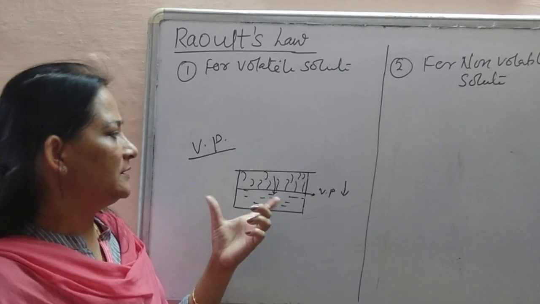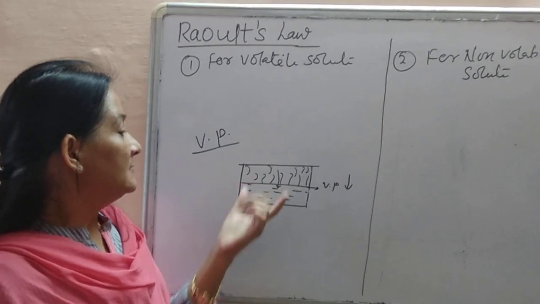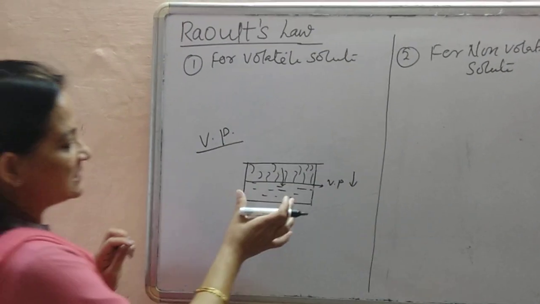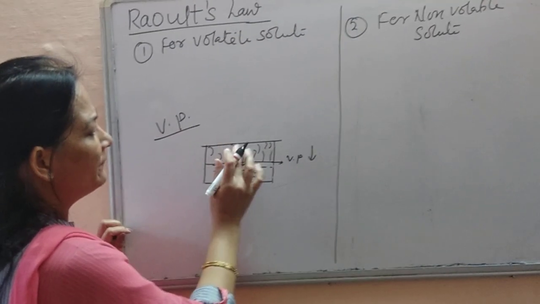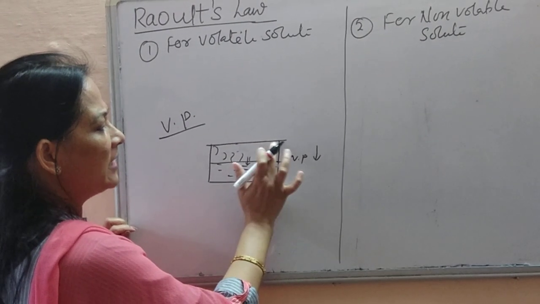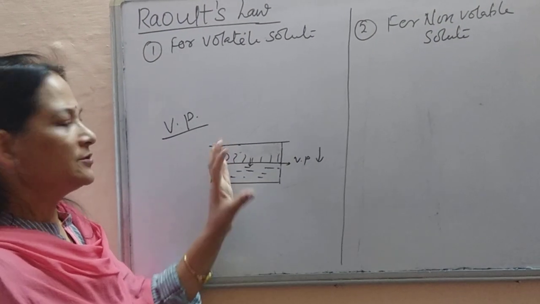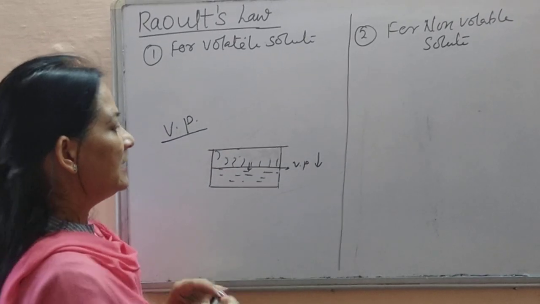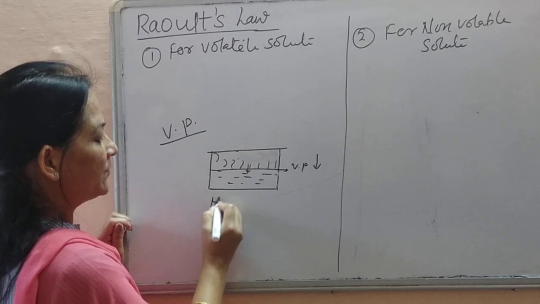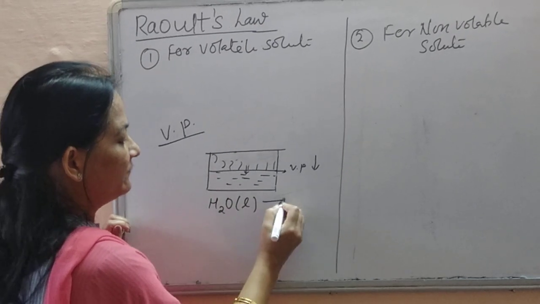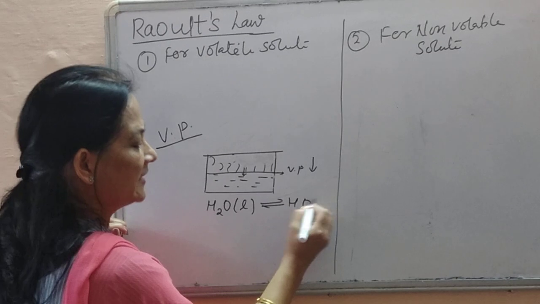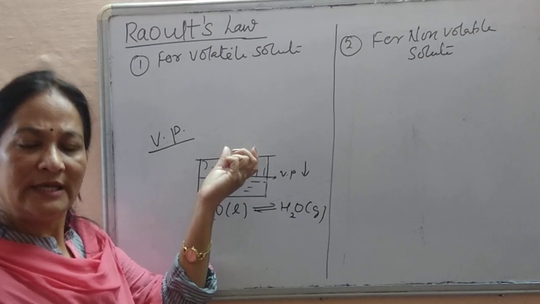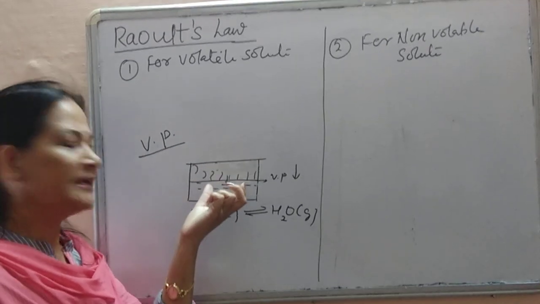Now, a very important thing to keep in mind: when do we measure this vapor pressure? Suppose I have just kept this water here and few vapors are formed, I will not measure the vapor pressure because there are very few vapors. I have to wait until the system attains equilibrium. Equilibrium means H2O liquid will be in equilibrium with H2O gas. It means the amount of water converting into vapors will be equal to the amount of vapors converting into liquid.